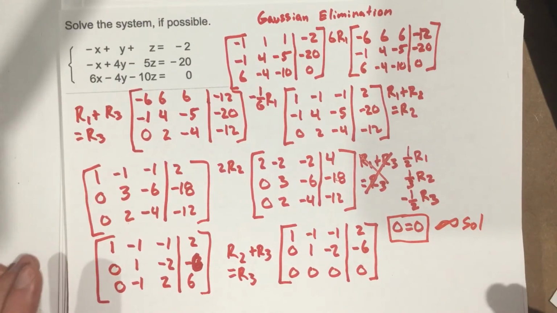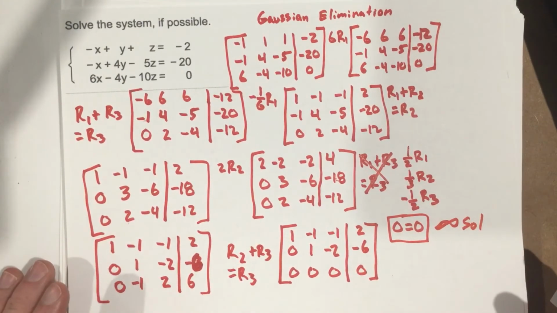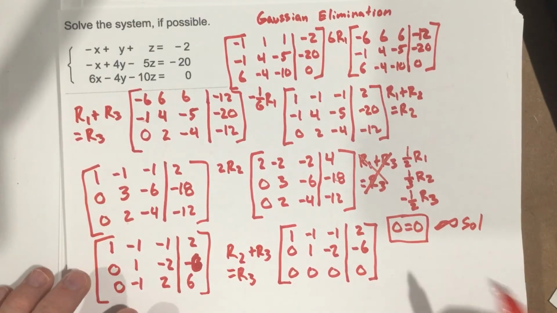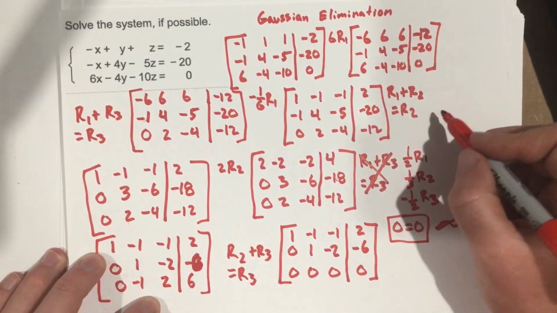So what do we do when we have an infinite solution problem and we have matrices? Well, when we have an infinite solution problem with systems of equations where we're doing elimination, substitution, and stuff like that, we pick a variable. So I'm going to just kind of mark this up here.